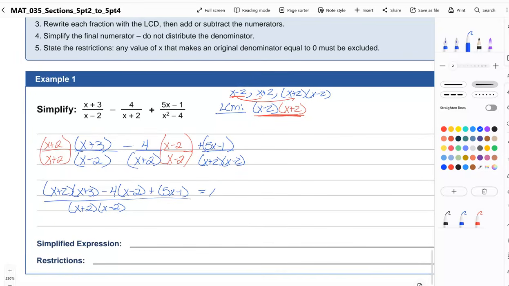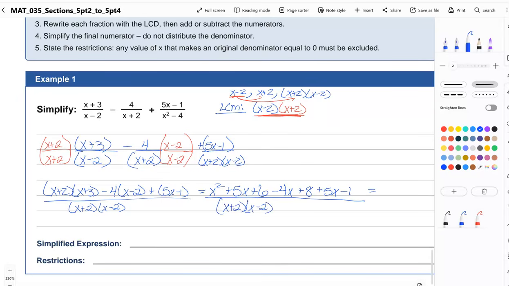We're going to have x squared plus 3x plus 2x, which is a plus 5x, and then the last is plus 6. Then we're going to distribute the negative 4. So negative 4 times x is a negative 4x. Negative 4 times a negative 2 is a positive 8. Plus, and there's an understood 1 here, so 1 times 5x is a positive 5x. 1 times a negative 1 is a negative 1, over x plus 2, x minus 2.